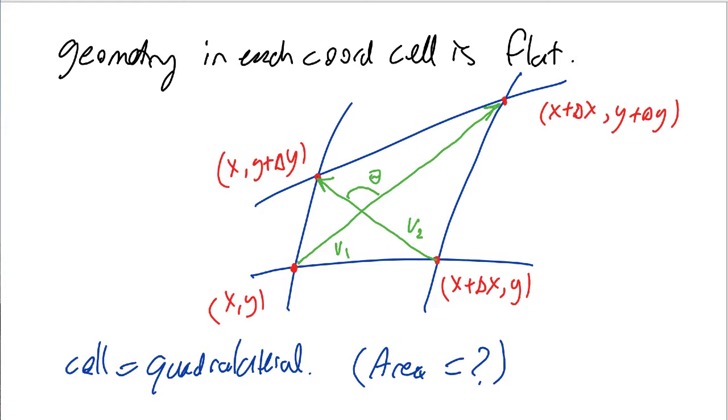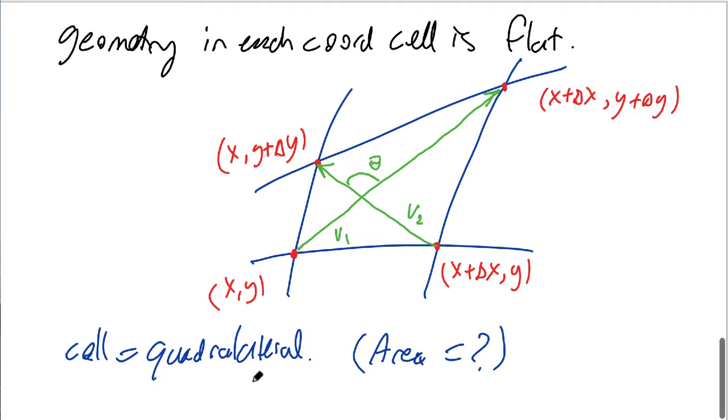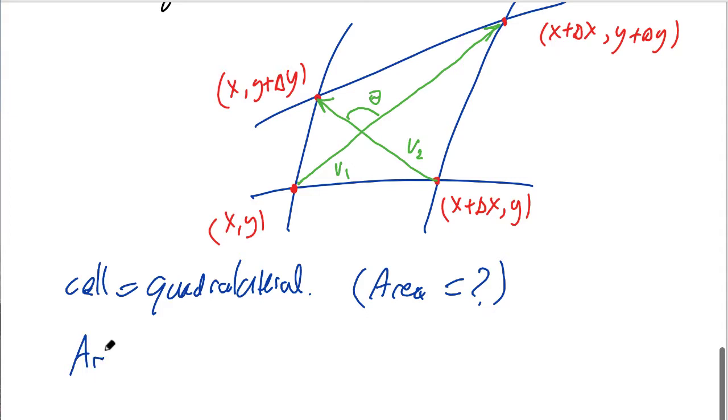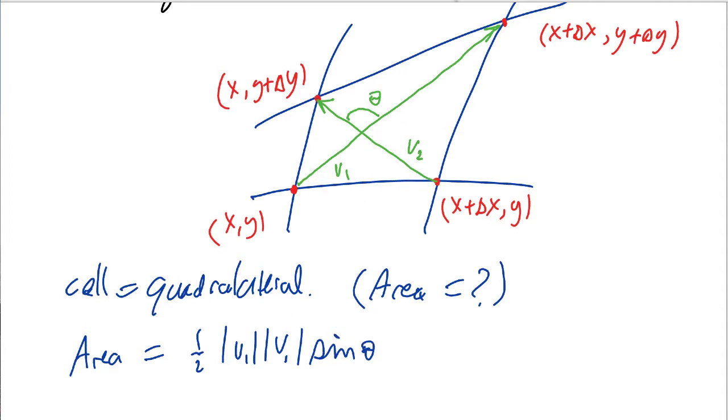The area of a quadrilateral is given by the following formula. It's 1/2 the length of v1 times the length of v2 times the sine of the angle between the two. Of course, this should be v2.